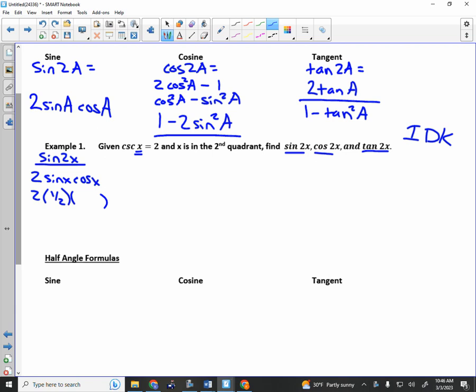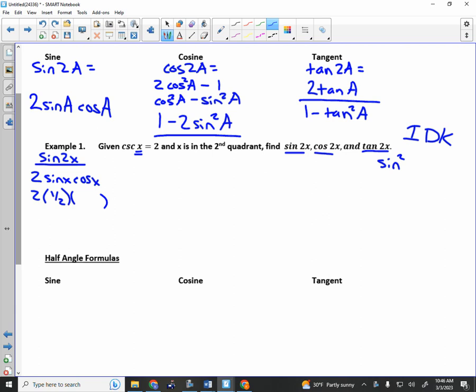Now, if we know that sine is a half, we don't necessarily know what cosine is. But we learned that if you do know sine, you're able to find cosine. What can you do to find cosine? Very good.